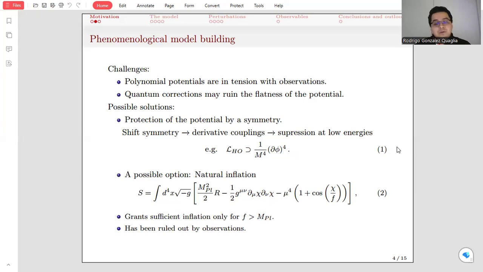However, this model only grants enough inflation for trans-Planckian values of its decay constant f, and even in this scenario, this model has already been ruled out by observations. However, much effort has been made in order to reconcile natural inflation with sub-Planckian values of f, together with accurate predictions at the level of the CMB.